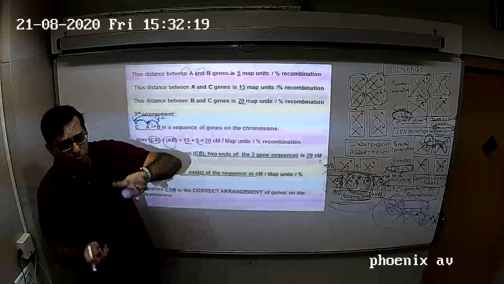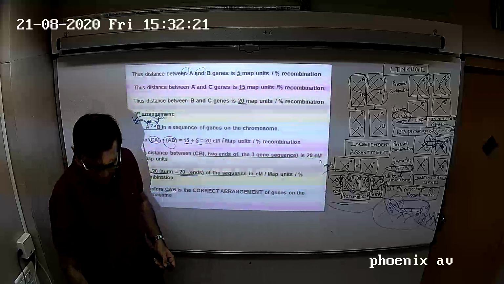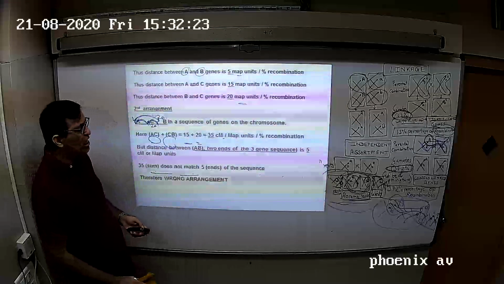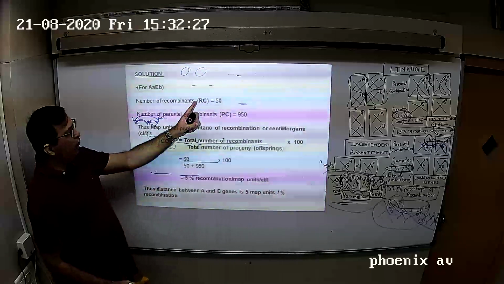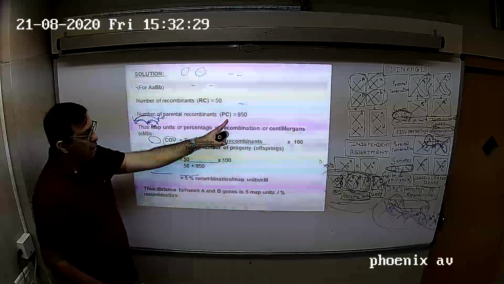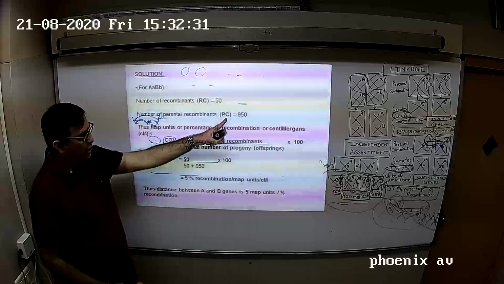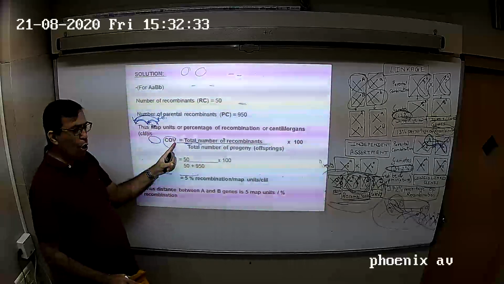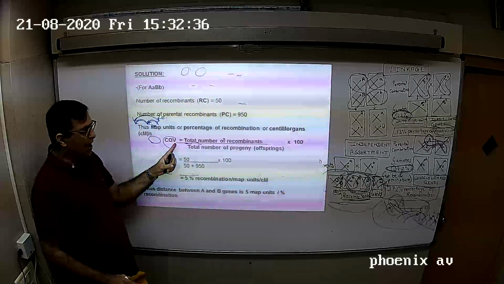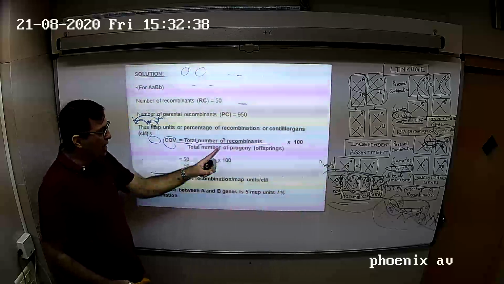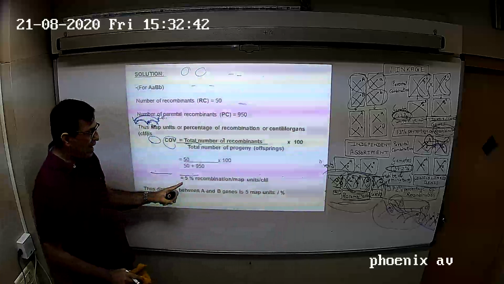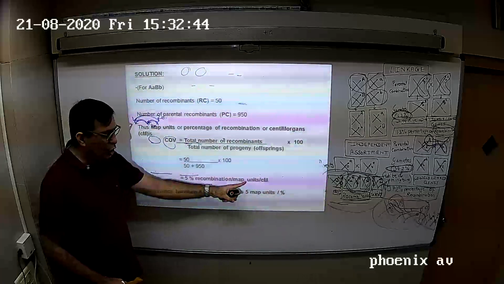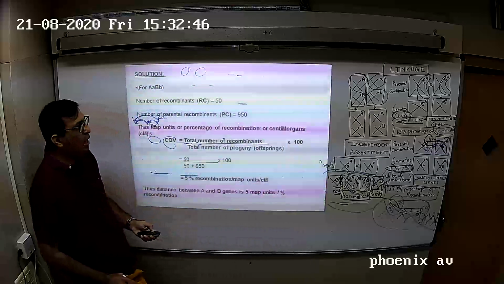So you have understood this nicely. All you do is first use the logic of recombinant and parental combination, use COV, crossover value: total number of recombinants over total number of progeny offspring multiplied by 100, to get percentage recombination or map units or centimorgan.